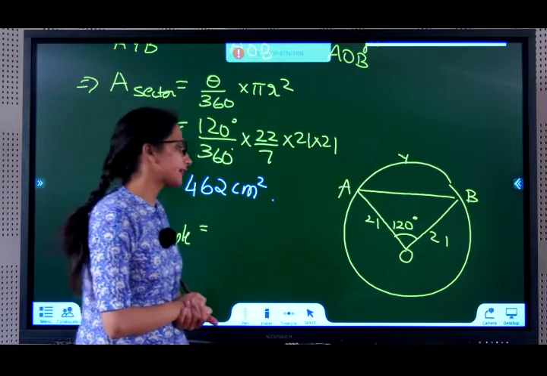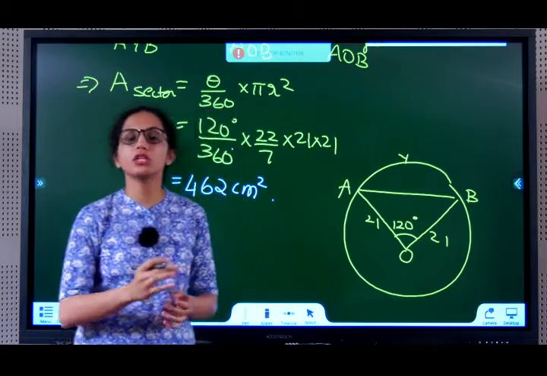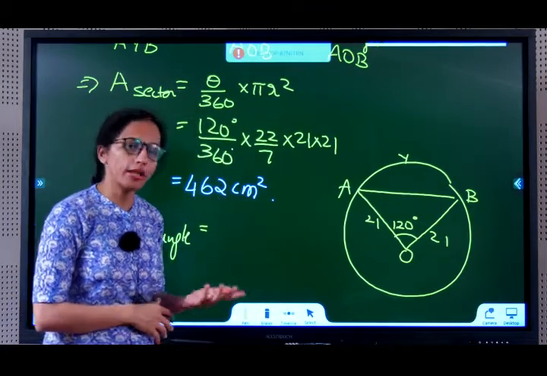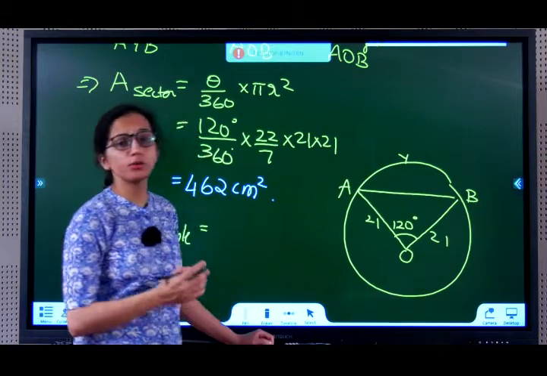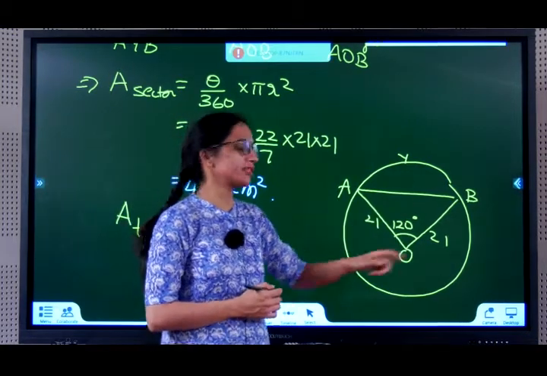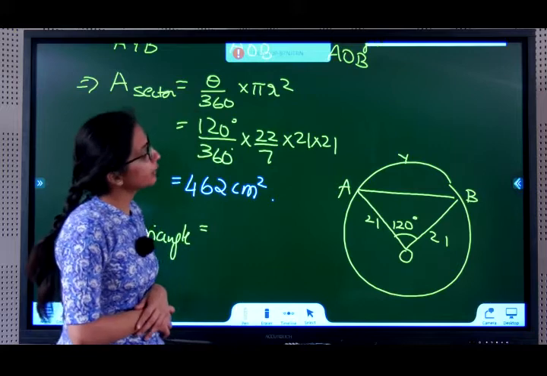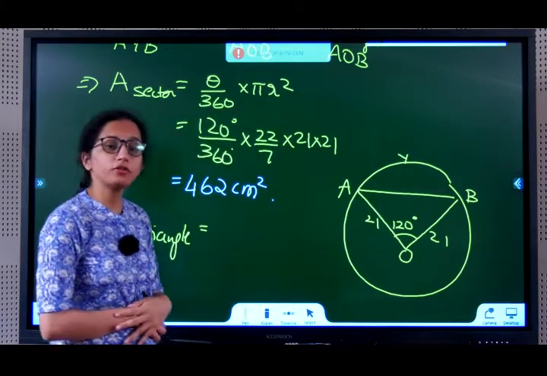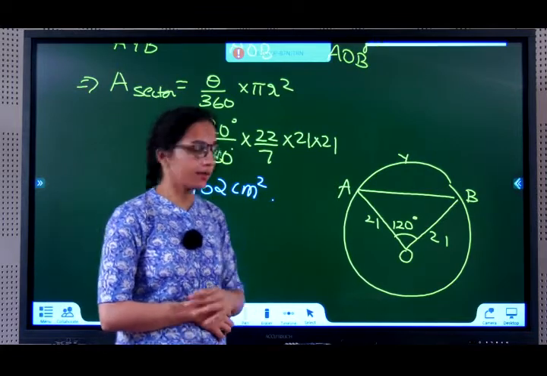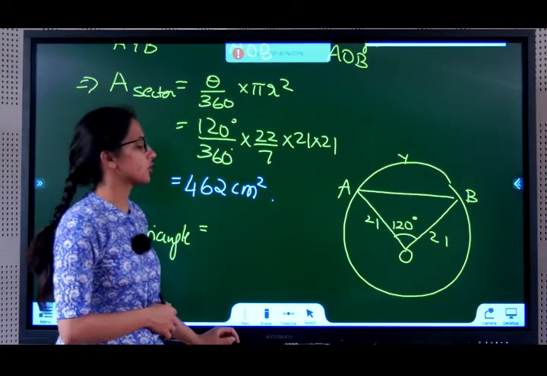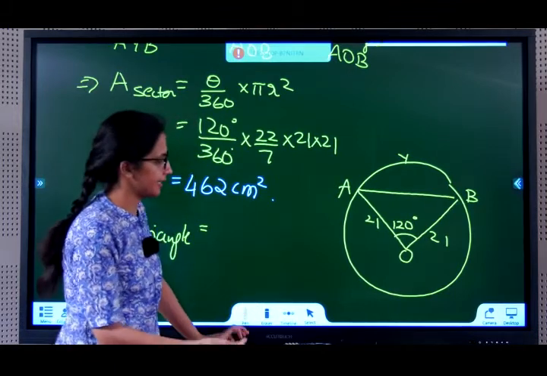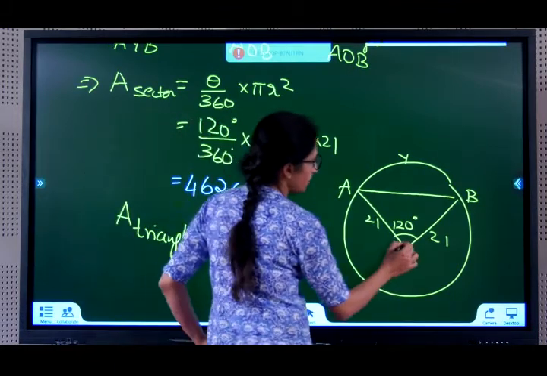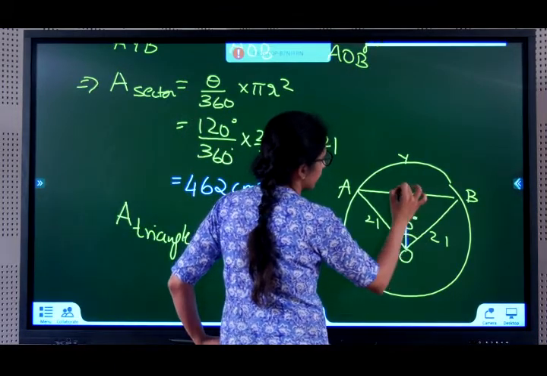In order to find the area of a triangle, we usually use half into base into height, or Heron's formula, or coordinates. You cannot use Heron's formula here because you don't have all three sides. You can't use coordinates because you don't have the coordinates over here. So we have no choice but to use half into base into height. To get that, I have to first drop a height. I need a 90 degree angle, so from O, I drop a 90 degree here.